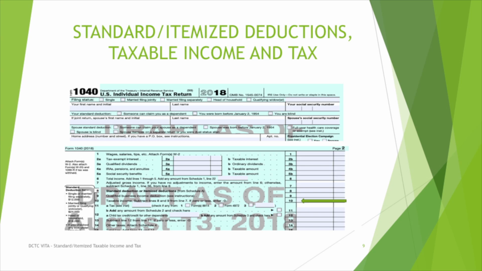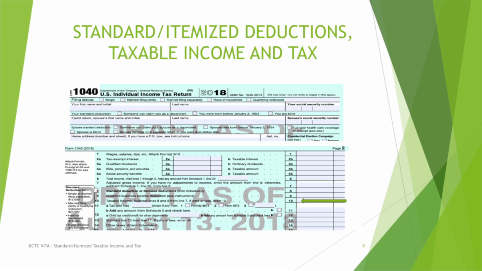Now we've come a long way. We've accounted for all of the income, taken the necessary income adjustments, arriving at adjusted gross income. From adjusted gross income, we deducted the standard or itemized deduction and the qualified business income deduction, arriving at taxable income, line 11A.